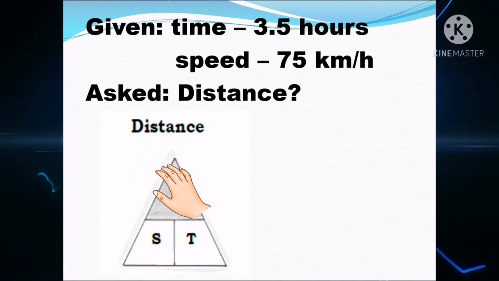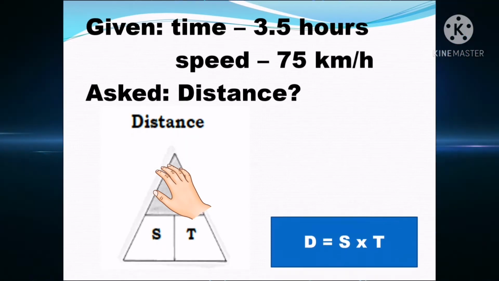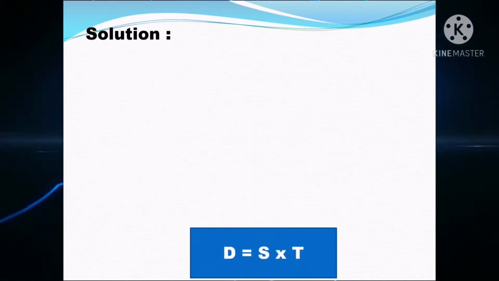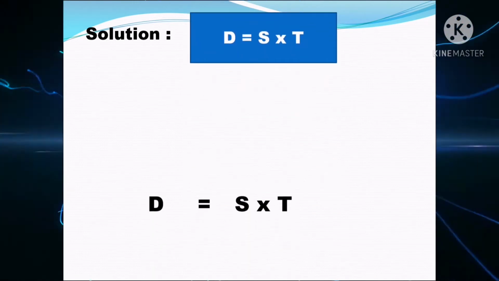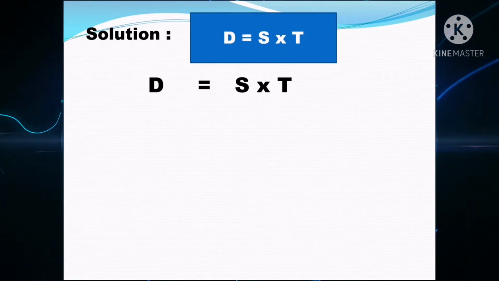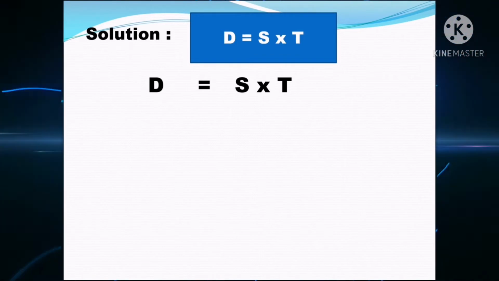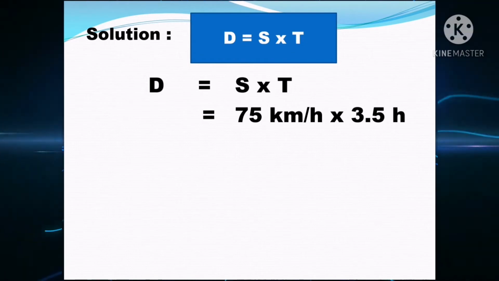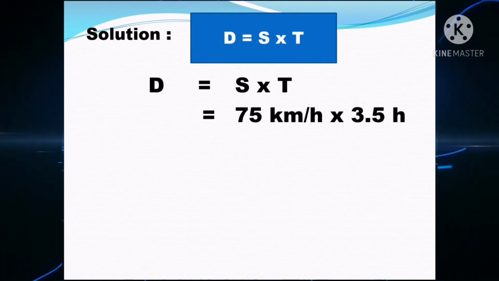So, our formula must be D equals S times T. Now, let us have the solution using the formula D equals S times T. Now, let us substitute the values for S and T. So we have 75 kilometers per hour, which is the speed, times 3.5 hours, which is the time.